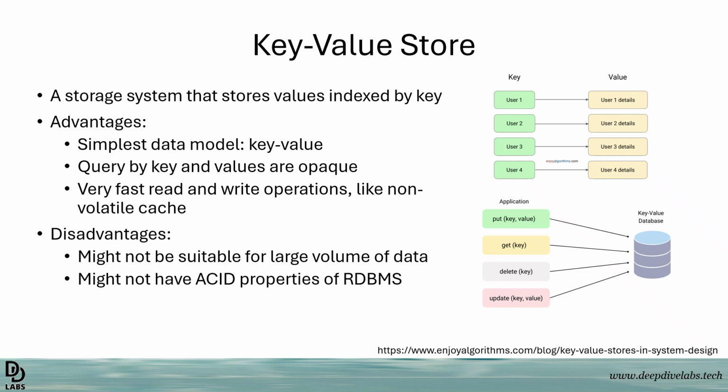Some of the properties of your RDBMS systems are not valid for a key value store. One of the key properties is called the ACID property. It stands for atomicity, consistency, isolation, and durability. We'll take a deeper look at each of these properties later.